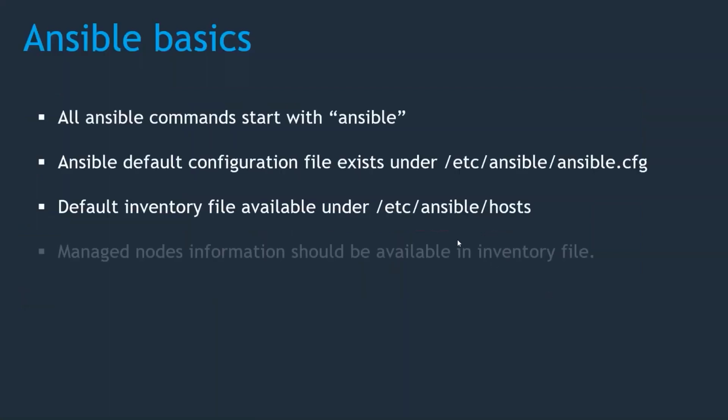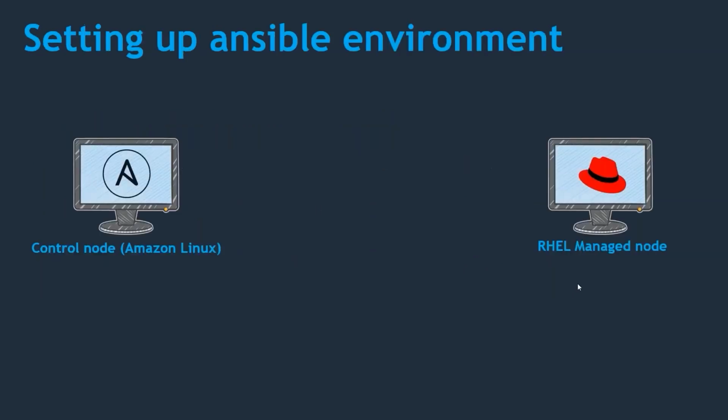Next, managed nodes information should be available in the inventory file. Whatever servers you are managing, those servers should be available in the inventory file, otherwise Ansible cannot manage them.